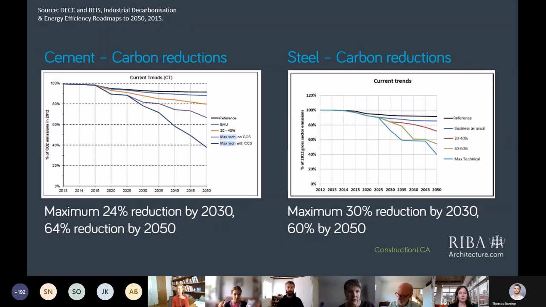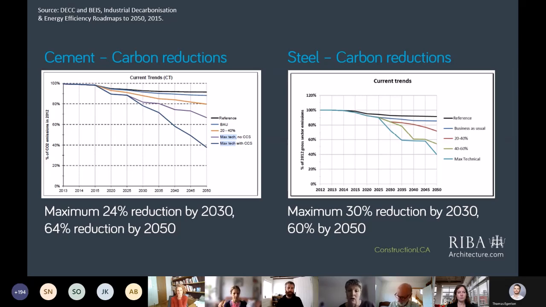Even with the maximum types of reduction strategy that were thought of when this report came out in 2015, we were only getting to a 60% reduction for both steel and concrete by 2050. So basically the decarbonisation of materials isn't going to get us where we need to.